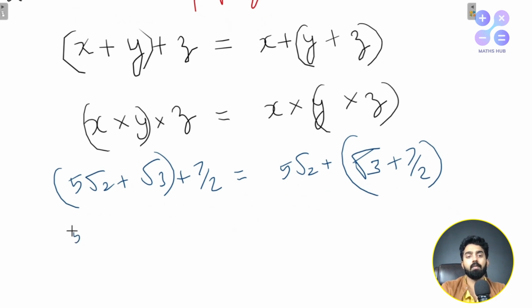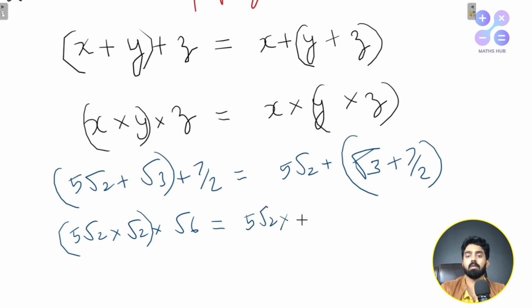So if you have 5 root 2 times root 2 times root 6 and you take the first two together, you will end up with the same as taking the last two as a separate group. In this case, 5 times root 2 times root 2 is 5 times 2, which is 10. So this will be 10 root 6.